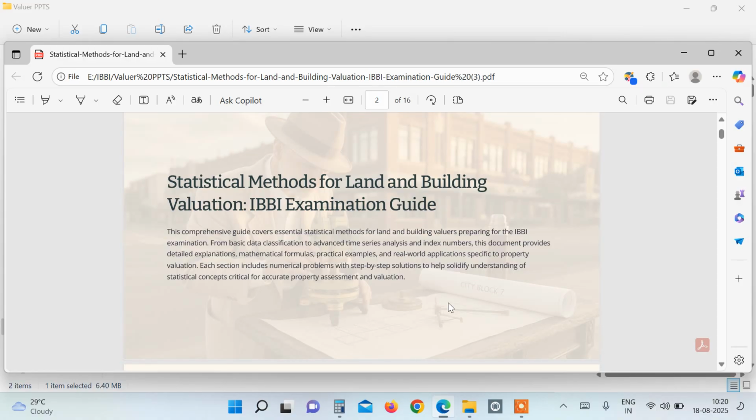This document will provide you detailed explanations, mathematical formulas, practical examples, and real-world applications specifically for property valuation.